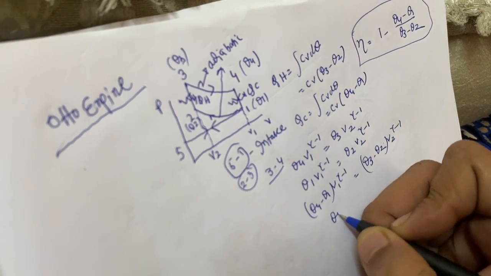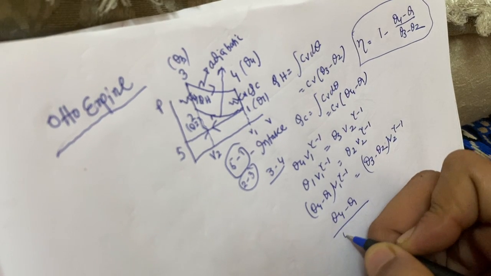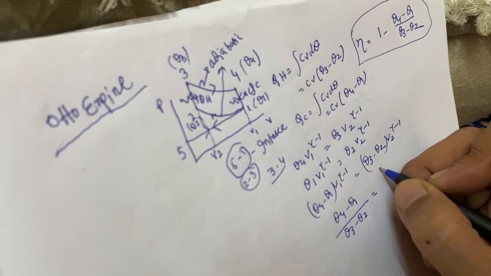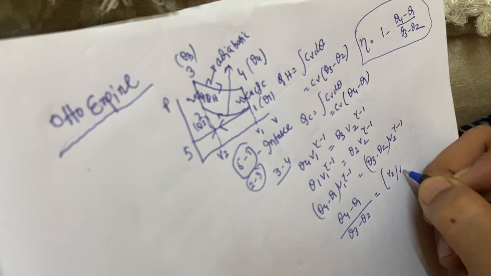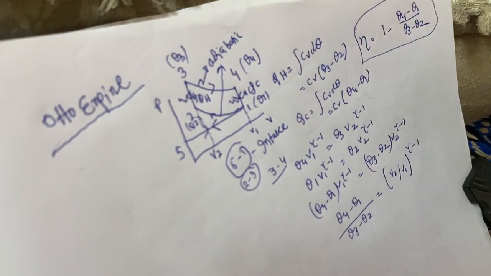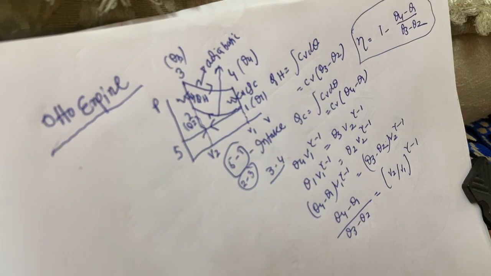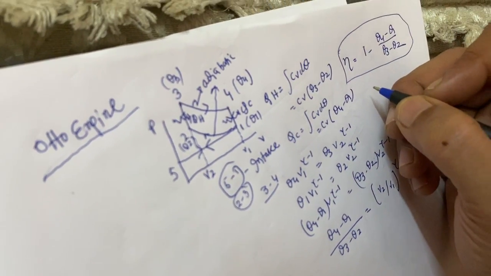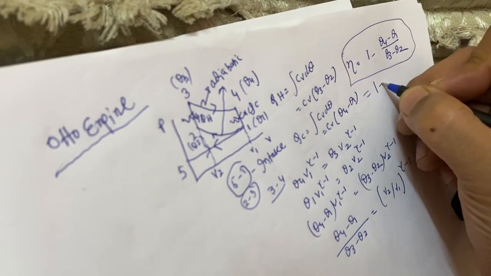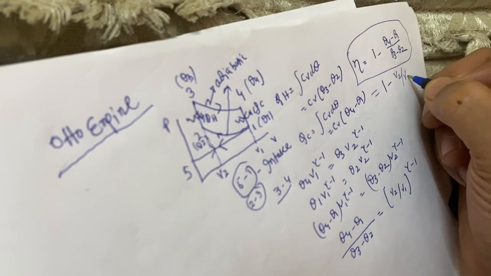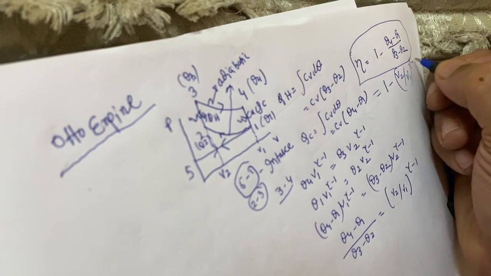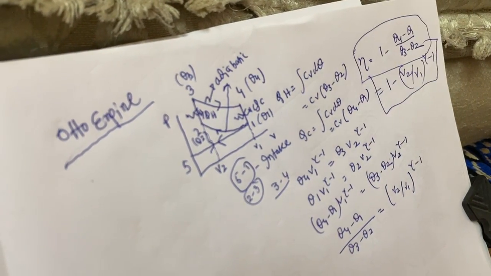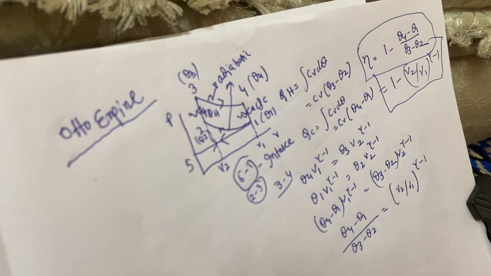That means theta 4 minus theta 1 by theta 3 minus theta 2 equals V2 by V1 to the power gamma minus 1. That means this eta becomes 1 minus V2 by V1 to the power gamma minus 1. This is the efficiency of the Otto engine.